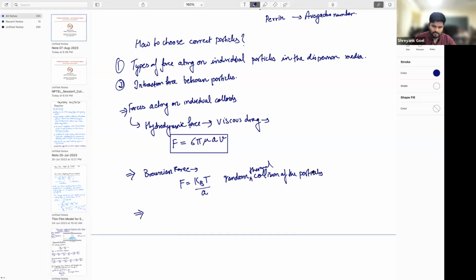This Brownian force is responsible for the Brownian motion in the colloid, which leads to a diffusive motion. Any question till now?